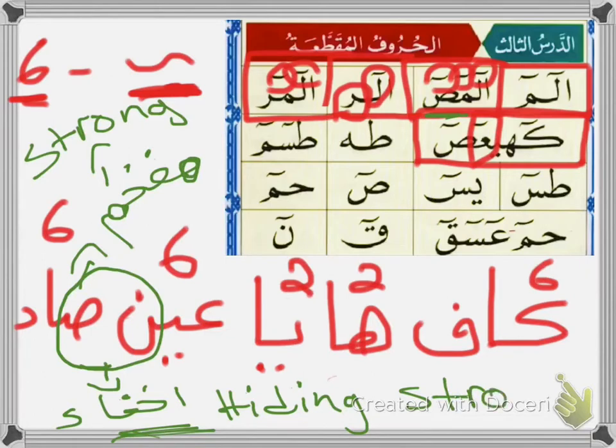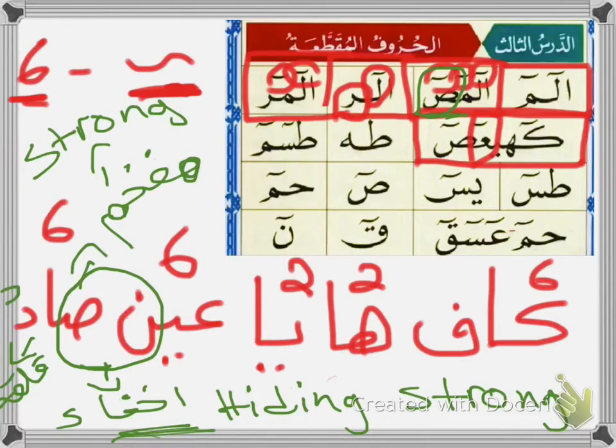So we hide the noon with a strong sound, like عين صاد. Over here, just like over here, we did قلقلة. The dal قلقلة means vibrate. We vibrate the dal.